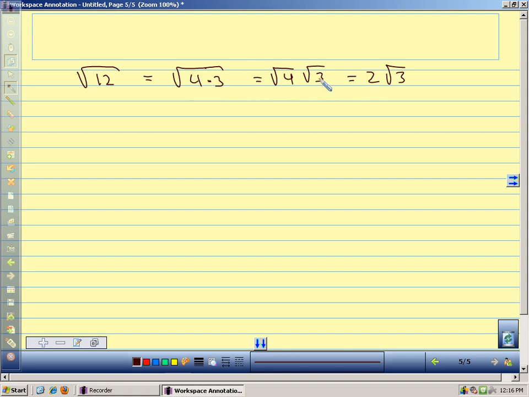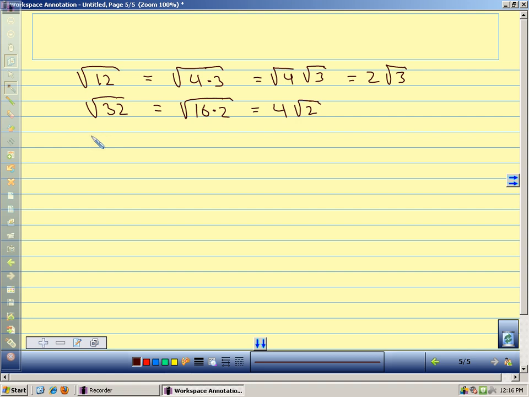And 3 I just leave because I can't take the square root. 3 is not a perfect square. So I leave it written as 2 square root of 3. If I had square root of 32, 32 is 16 times 2. Square root of 16 is 4, so that would be 4 square root 2. So this would be simple radical form.